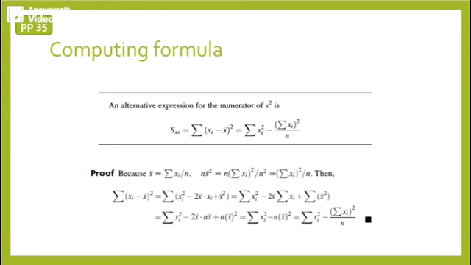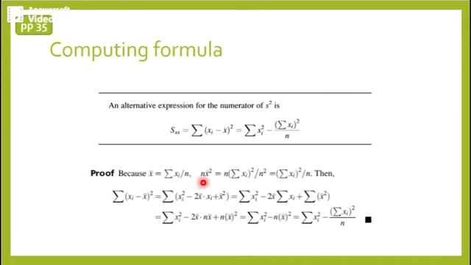The first step is to define these two mathematical expressions. The first one is just the mean, which is the sum of the observations divided by n.